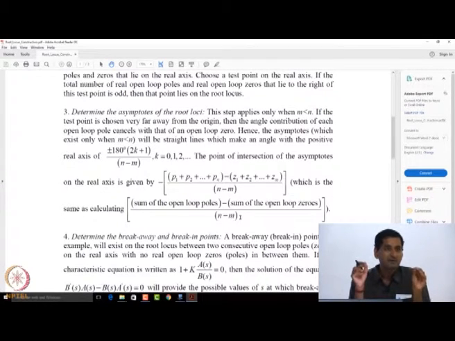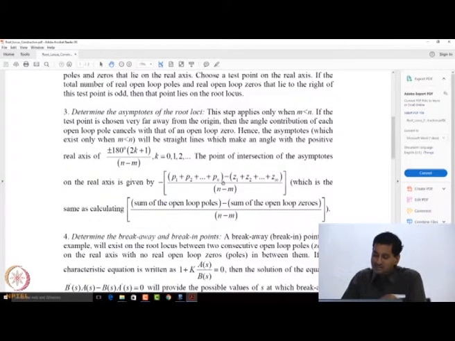Once again, what are asymptotes? Asymptotes essentially indicate the trace of the closed loop pole as the test point s tends to infinity. Now you ask yourself the question: what will be the root of the closed loop characteristic polynomial as s tends to infinity? And what condition do you need?